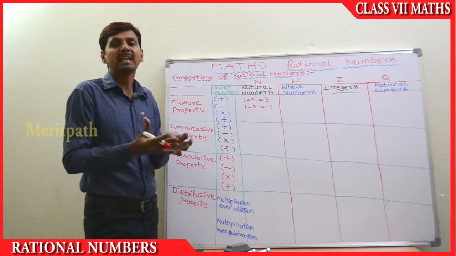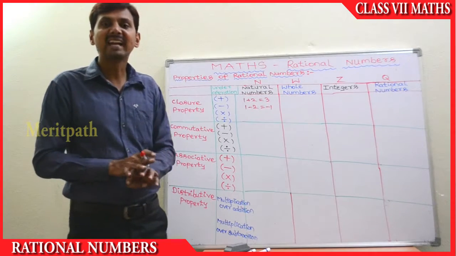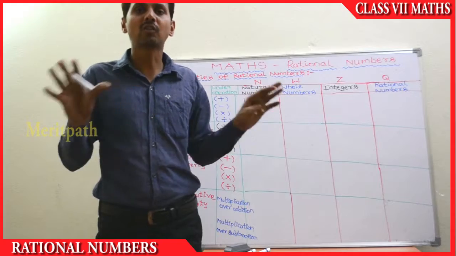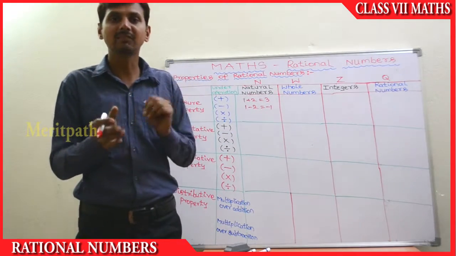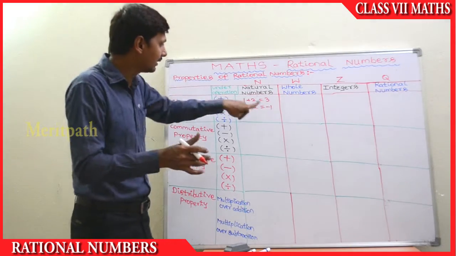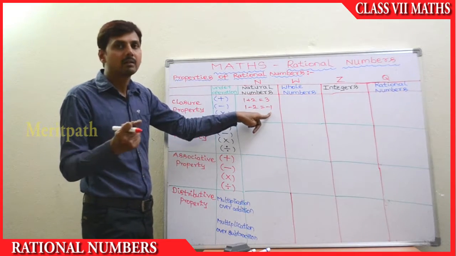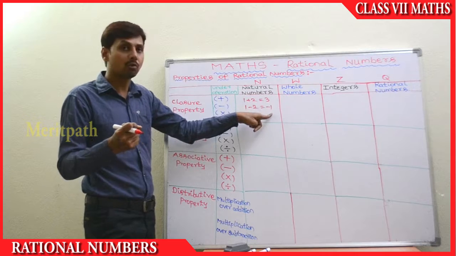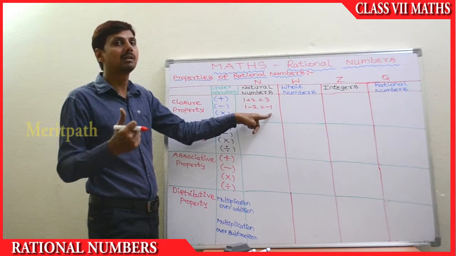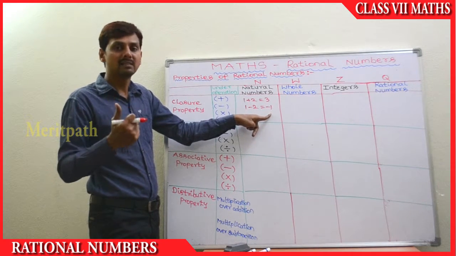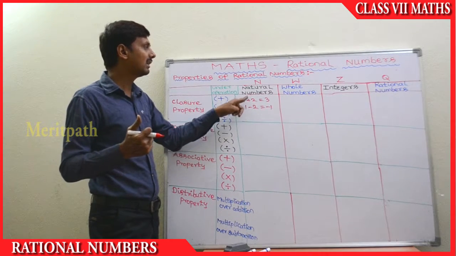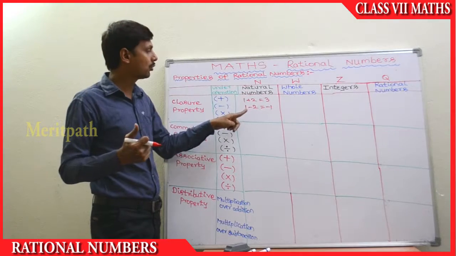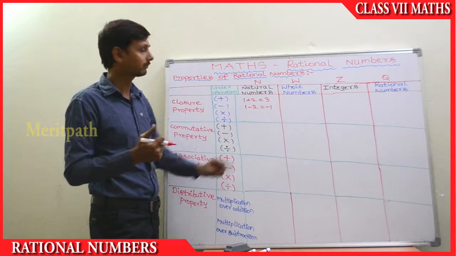When we say it is applicable, it must be satisfied for all the numbers in the set, in any pattern we take the numbers, and we get a number in the same set, that is natural numbers. Only then we say it's applicable. So the closure property of subtraction on natural numbers is not possible, because 1 minus 2 is minus 1.